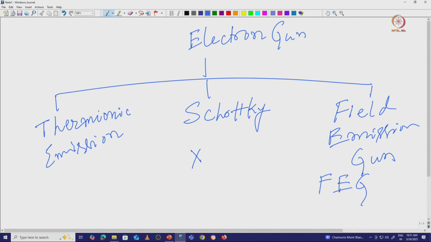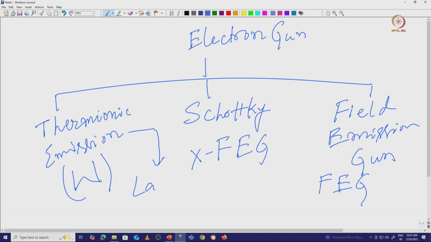Schottky, specially it is mentioned as XFEG, and thermionic emission mostly we say W or tungsten filament. This thermionic emission also has another type we can use, that is a crystal.